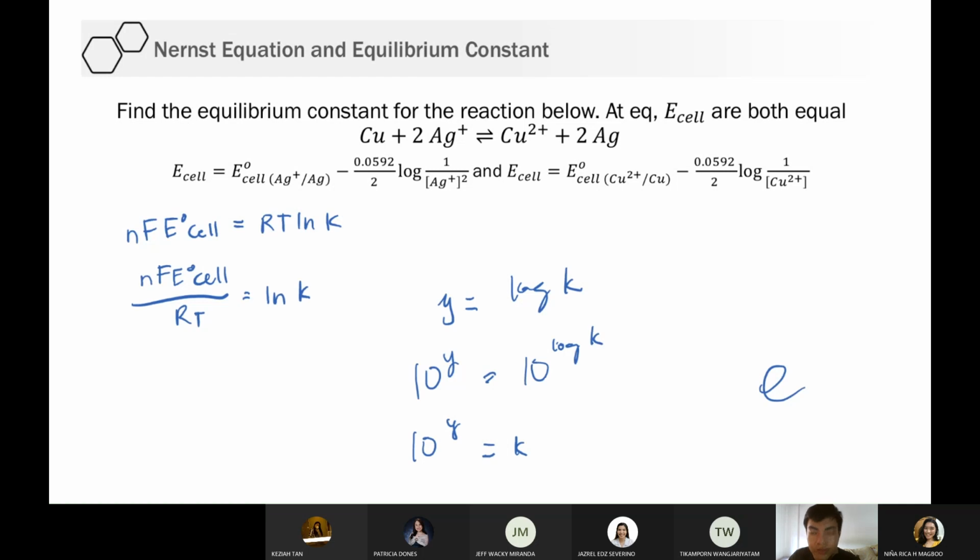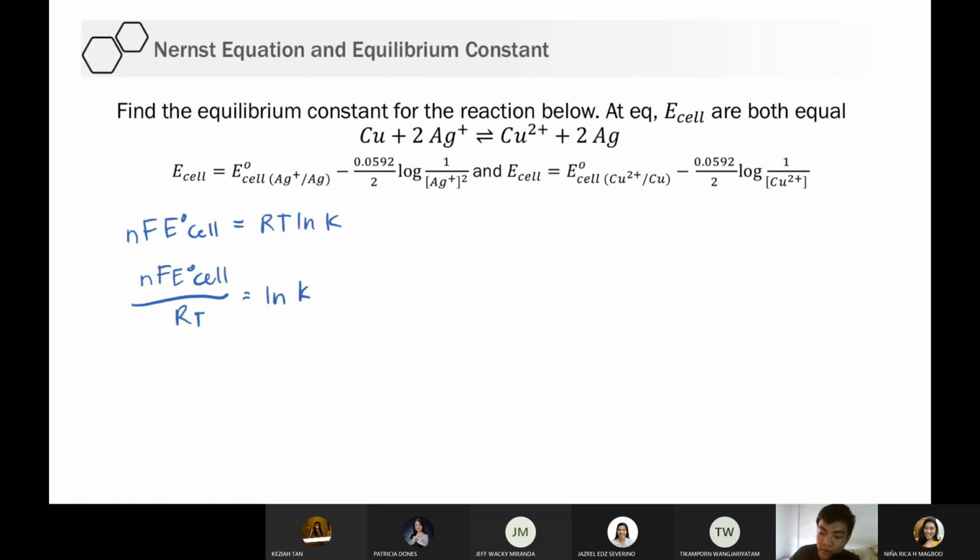So logarithm and natural log are similar, but for ln we use e, Euler's number. This is actually in your calculator anyway. So to remove the ln, we use Euler's number as our base. Take note of that.